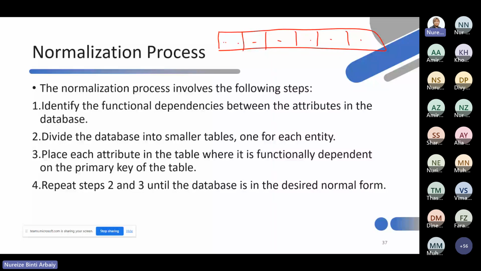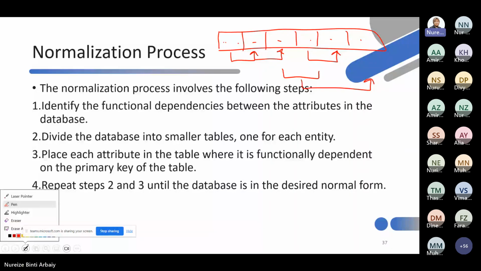So by having this, you need to identify which one is transitive and which one is partial, like this or like this. It depends on the situation. After you are finished with the identification, you need to break down the table.